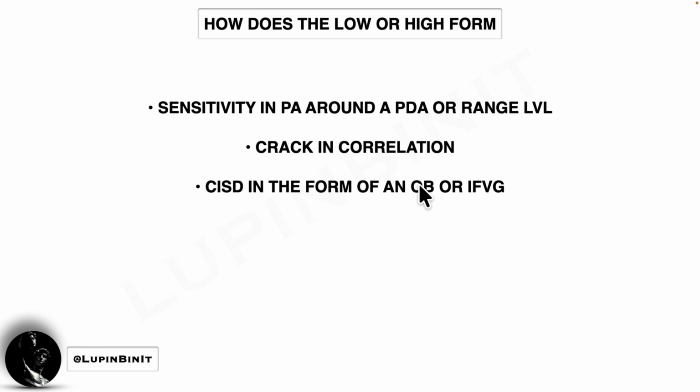Sometimes the formation of an order block would not be apparent on the time frame you may be looking at, and it may simply just be an inversion fair value gap. Or it can be the opposite way around, in terms of there is no inversion fair value gap, but there is an order block.